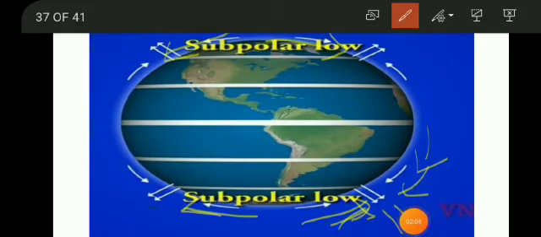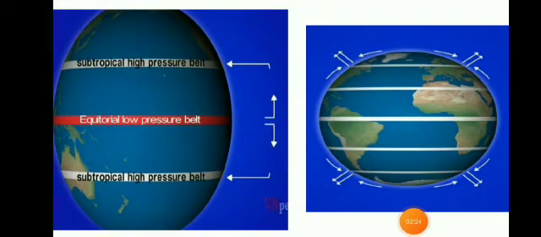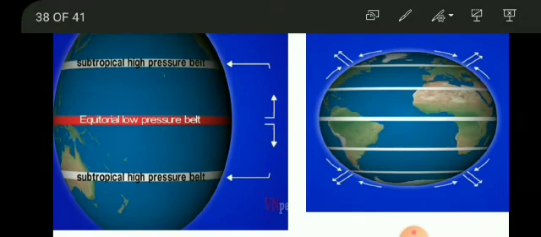This is called convergence. Because the air is rising, here the pressure is low. So this is called subpolar low. So we have seen along the equator air is rising because of the convection rays.